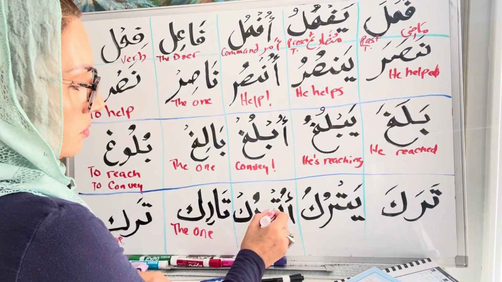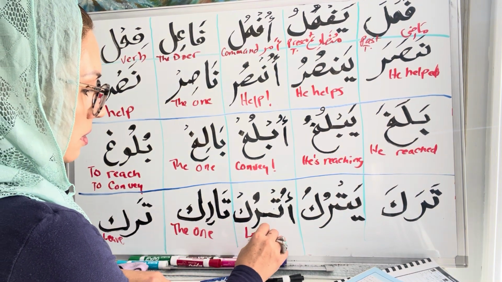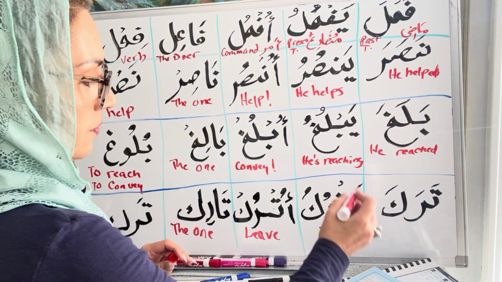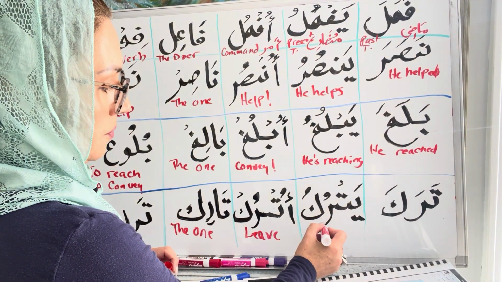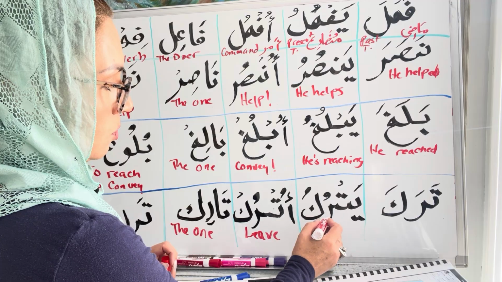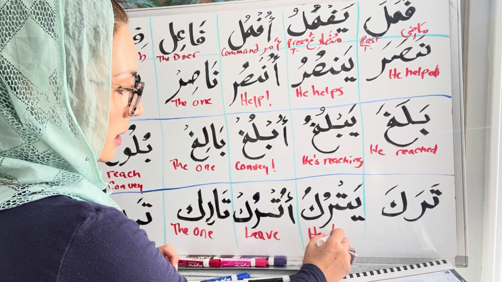And then uturuk means leave. Yatruku means he leaves.